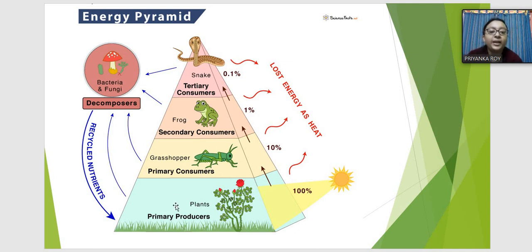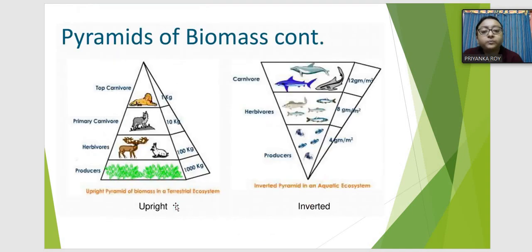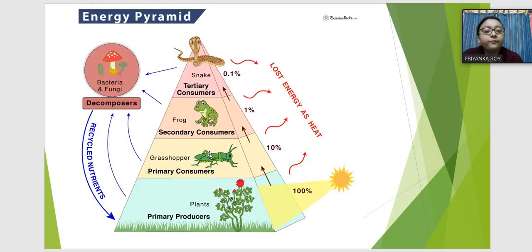So the base will always be broad for a pyramid of numbers in a grassland ecosystem. But when we go higher, it will be less and less in number. So the number of organisms in each trophic level will decrease as we go higher. This is called an upright pyramid of numbers.